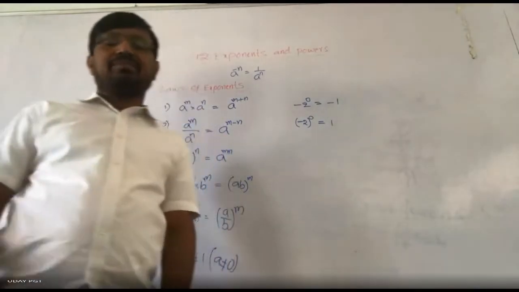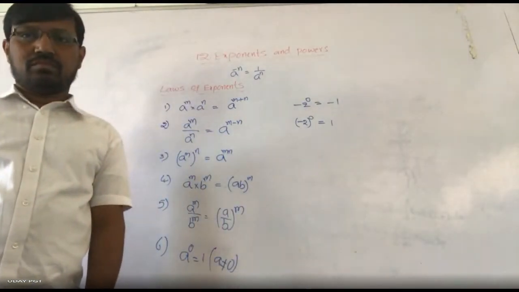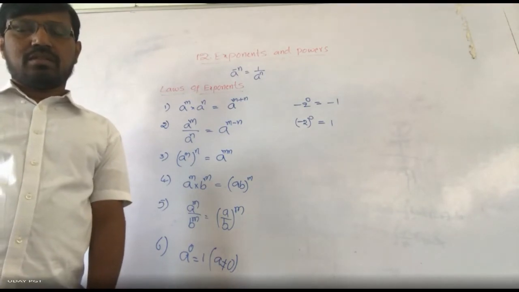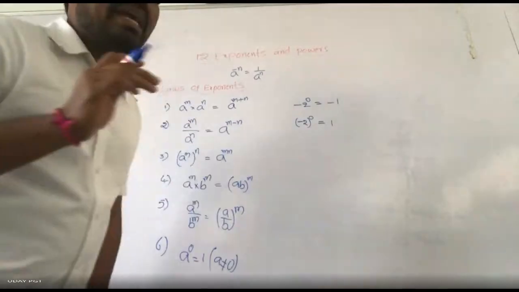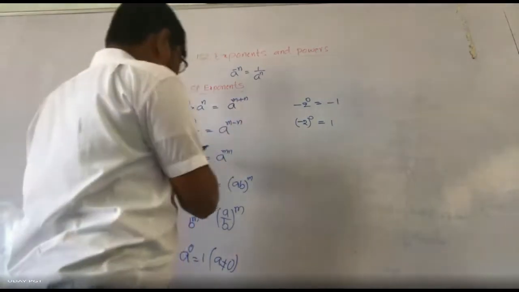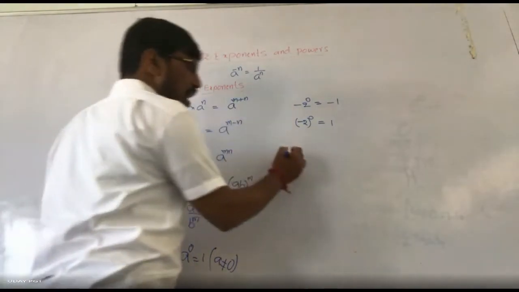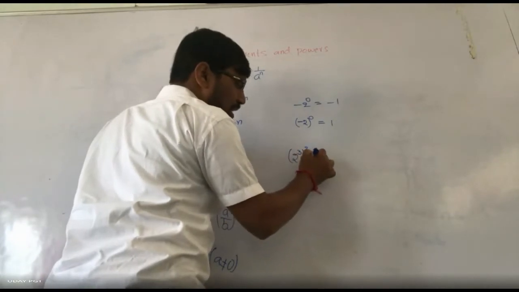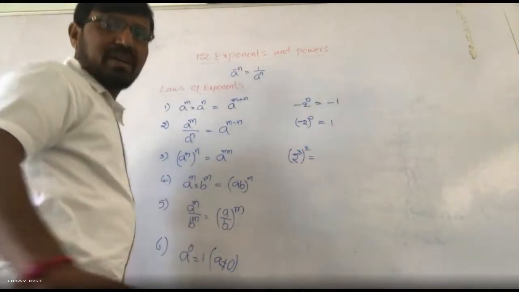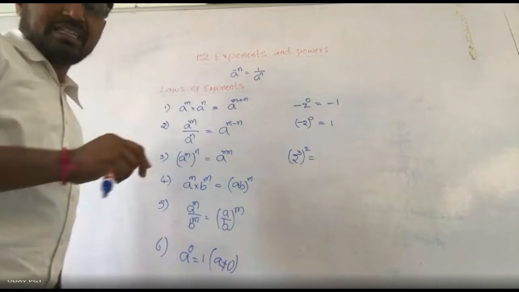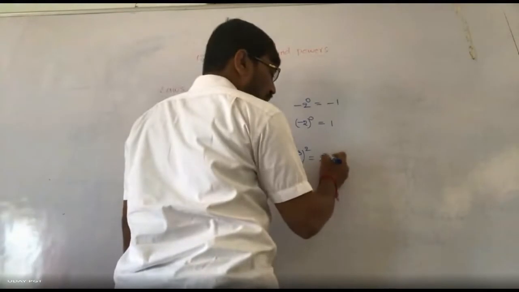Any doubt? No doubts. So be careful whenever brackets are written. Suppose in the case of a power m whole, I wrote 2 power 3 whole power 2. What is the meaning of this? 2 power 3, 2 times.